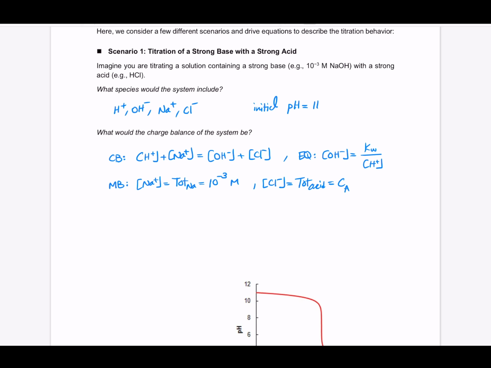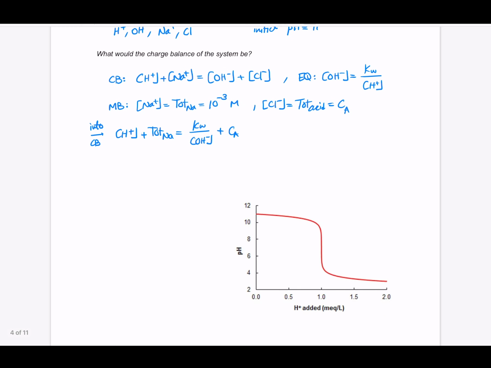So now let's put all of them into charge balance. When we do that, it's H plus total sodium is equal to Kw over OH minus plus that Ca. And if we rearrange it, we get to this equation.